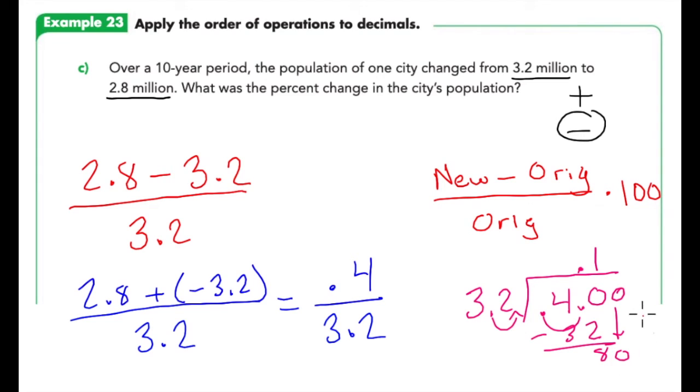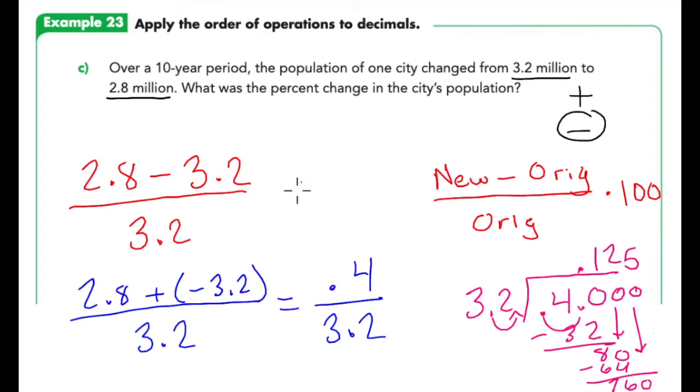And 32 goes into 80 2 times. That would give us 64. That leaves us with 16. And we would add another 0 and bring it down. That leaves us with 160. And that would be evenly. 5 times 32 does give us 160. So we have a terminating decimal here.